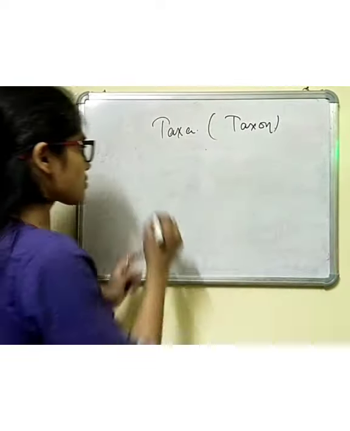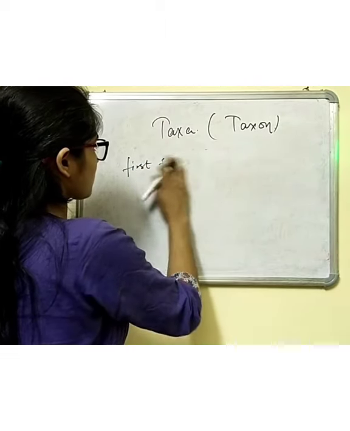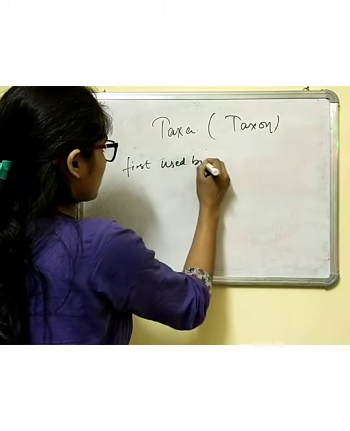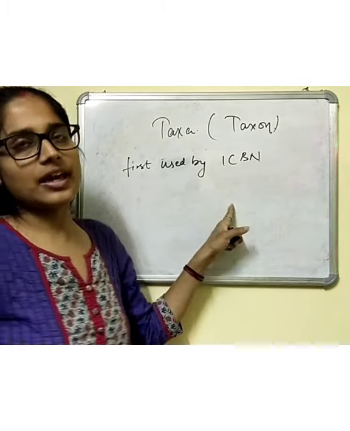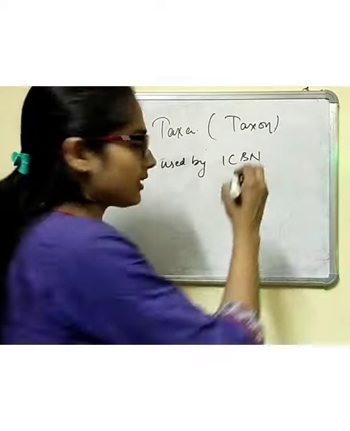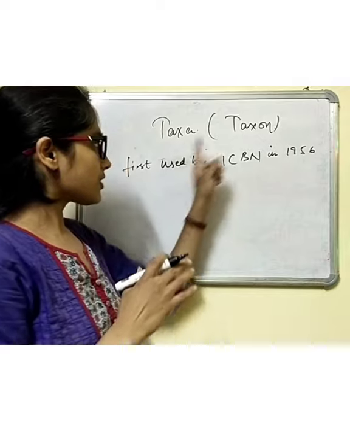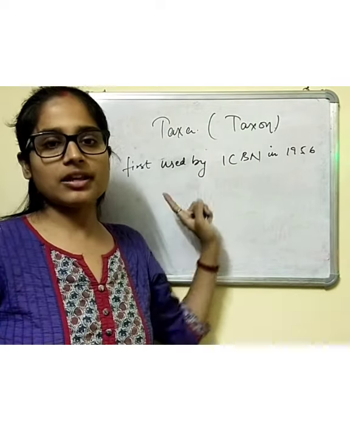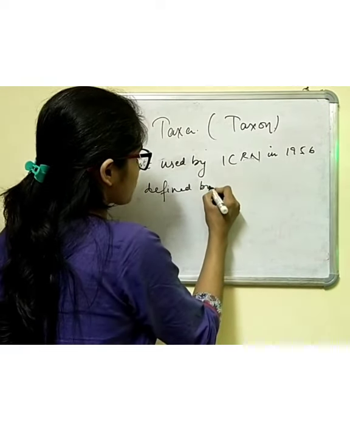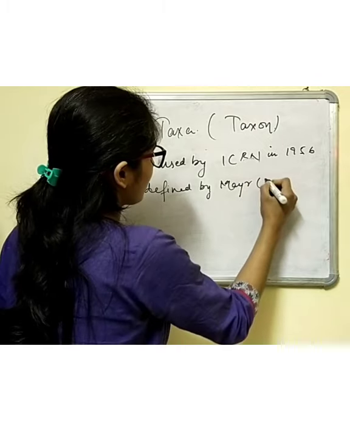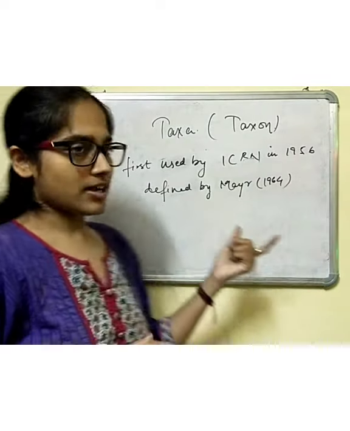Basically, this term was first used by the International Code for Botanical Nomenclature (ICBN) in 1956, and it was defined by Mayer in 1964.